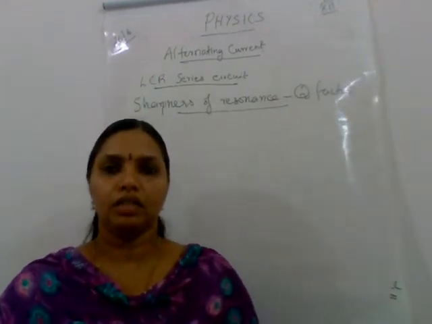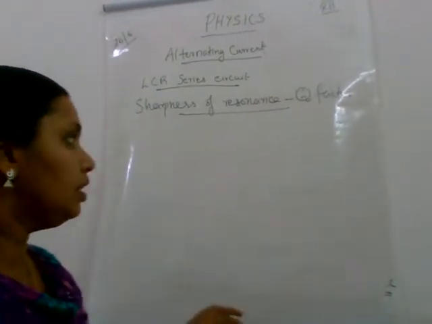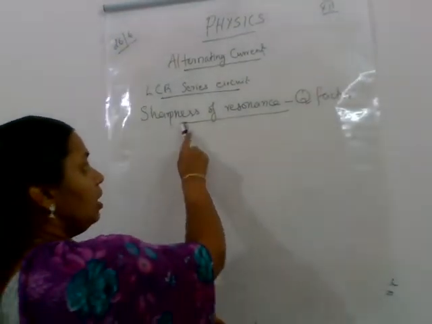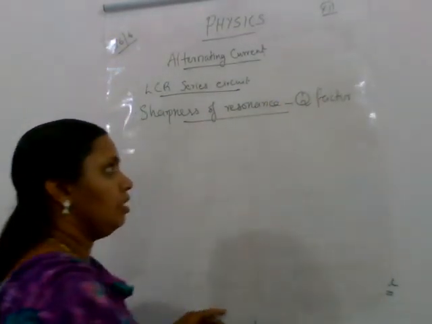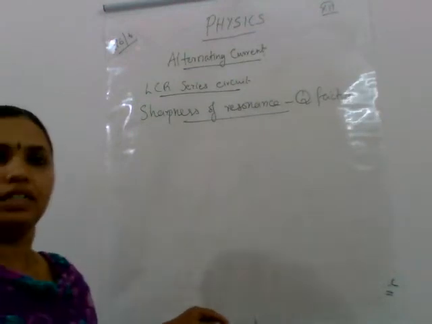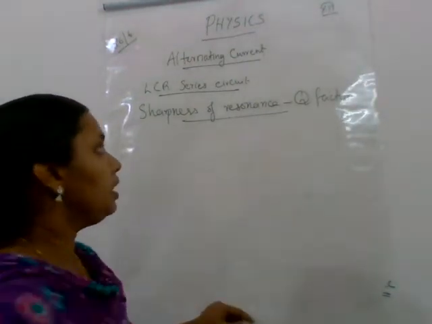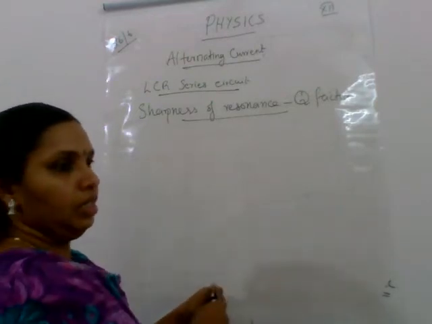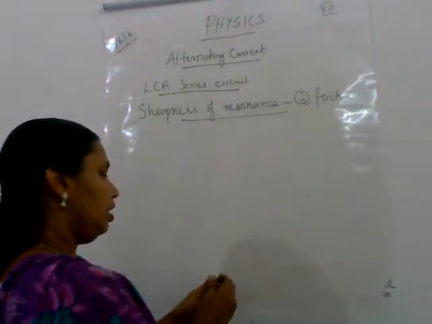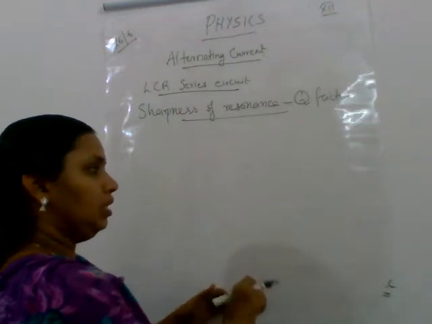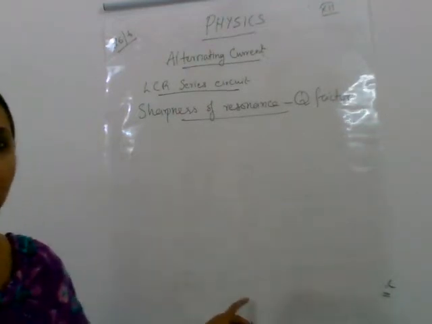The next quantity related to this series LCR circuit is sharpness of resonance and Q factor. From the resonance condition we know, what do you mean by the sharpness of resonance? What is the resonance condition? For a particular frequency there is a maximum current, isn't it?